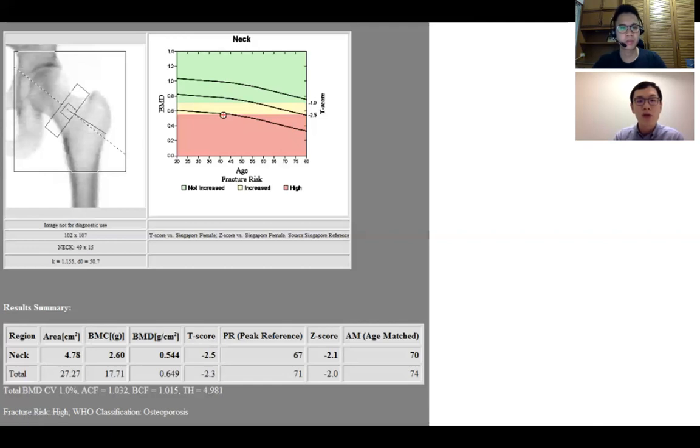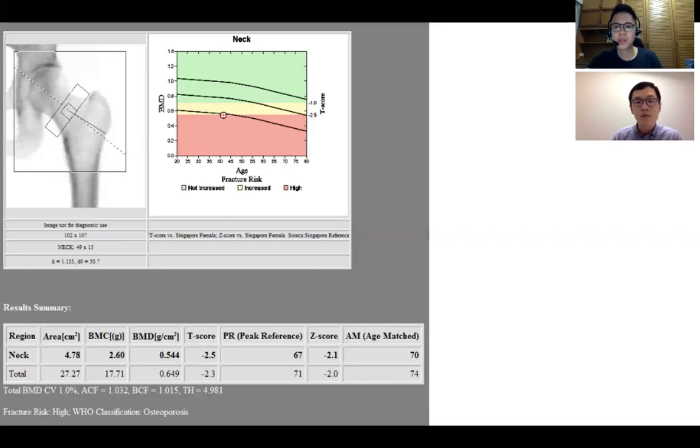So she's outside the 95% for her age and gender, which is a region where we want to think about whether there's any secondary cause leading to a bone mineral density that's out of the usual reference interval.